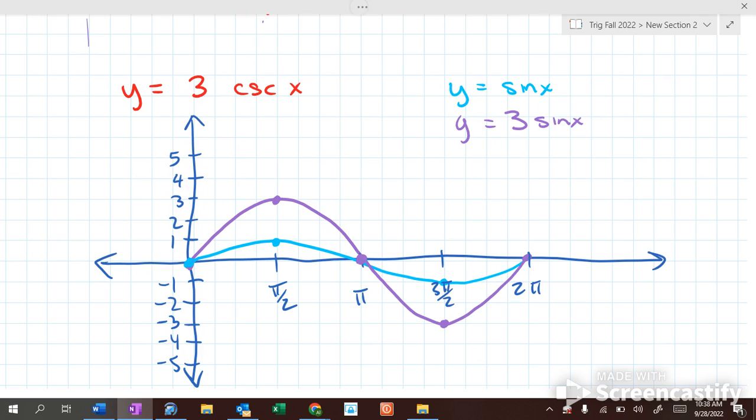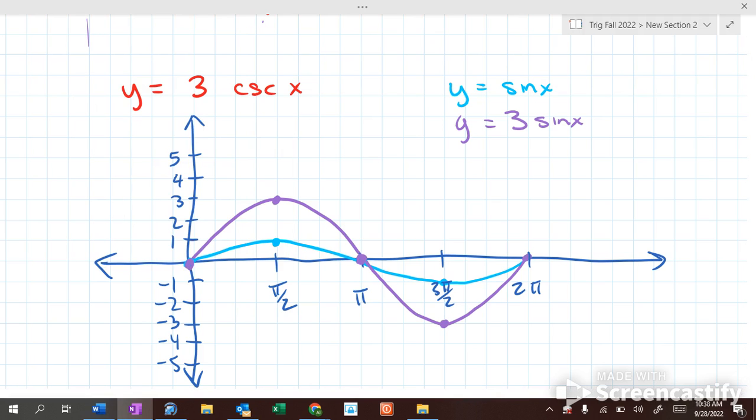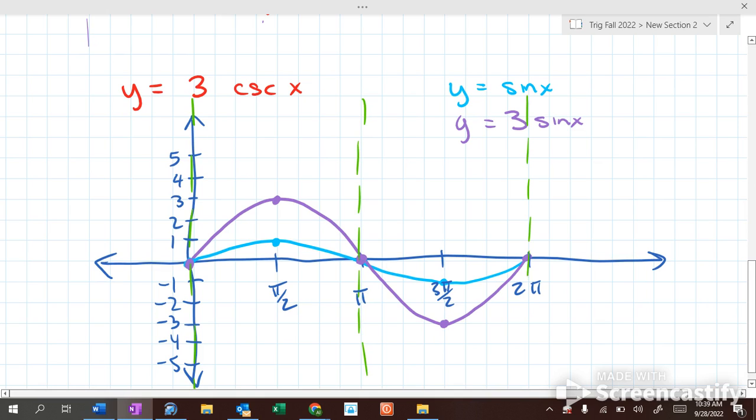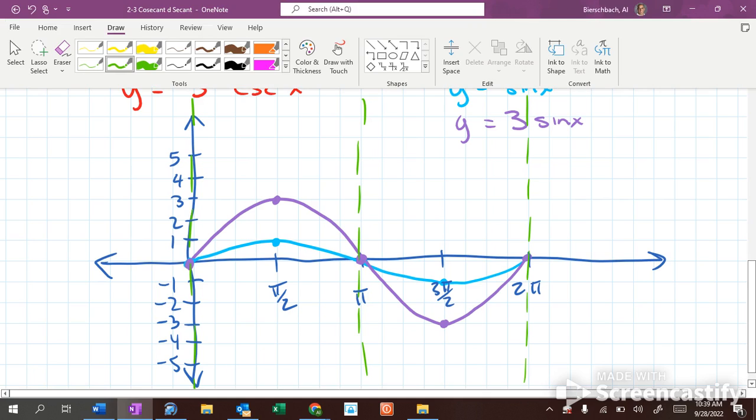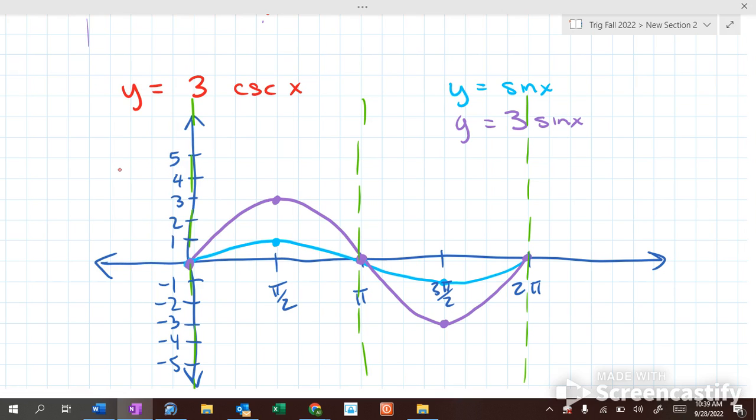Then I'm going to throw down some asymptotes. So one goes right here. One goes right here. And then finally, I'm going to draw my parabola.